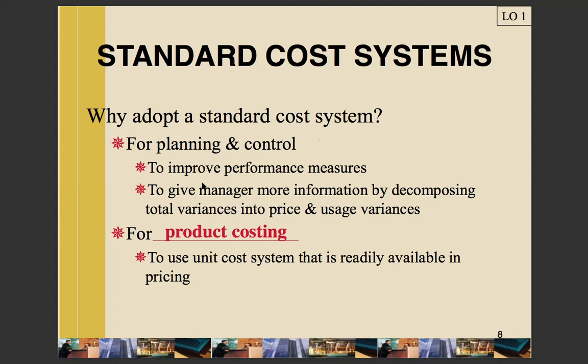But since the manager has more control over the usage of the input than over the prices, the efficiency variances will provide the specific signal regarding the need for corrective action. In principle, the use of efficiency variances will enhance the operational control. So that was the link between that, right?